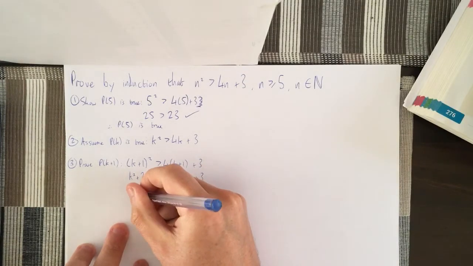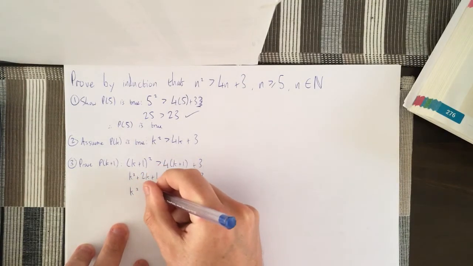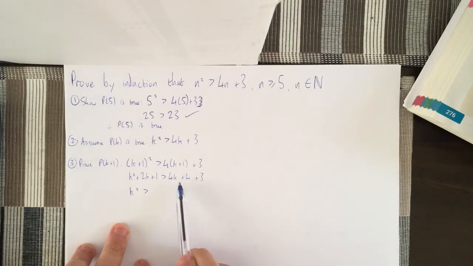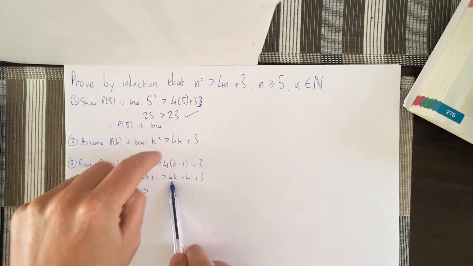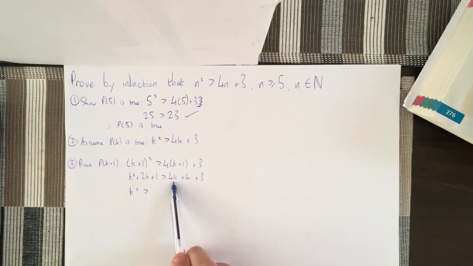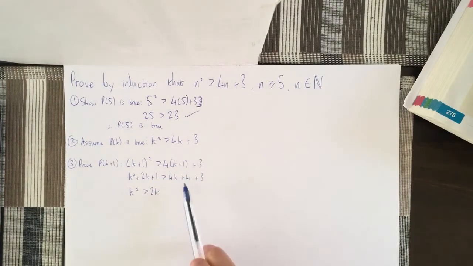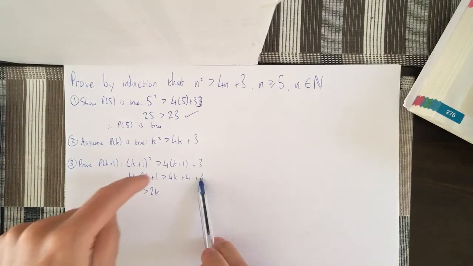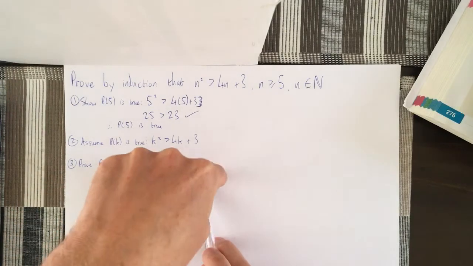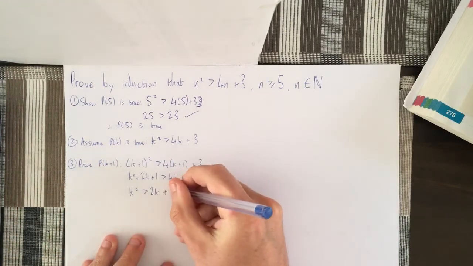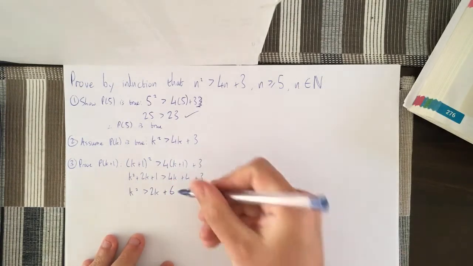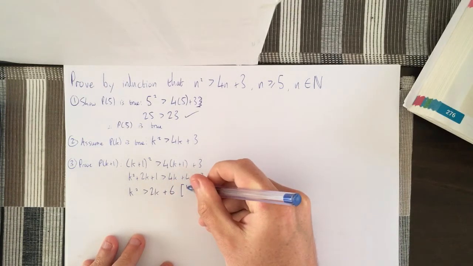So leave k squared where it is, greater than, so I've got 4k on the right hand side, I bring 2k over, it becomes minus 2k, so 4k minus 2k is 2k, 4 plus 3 is 7, bring the plus 1 over, 7 minus 1 is 6, and that's what I'm trying to prove.